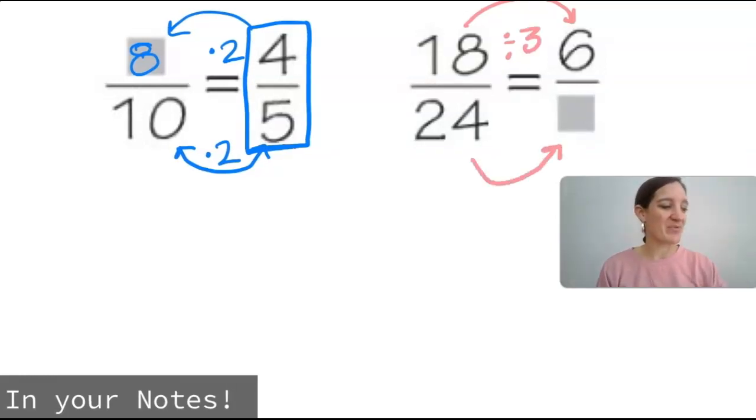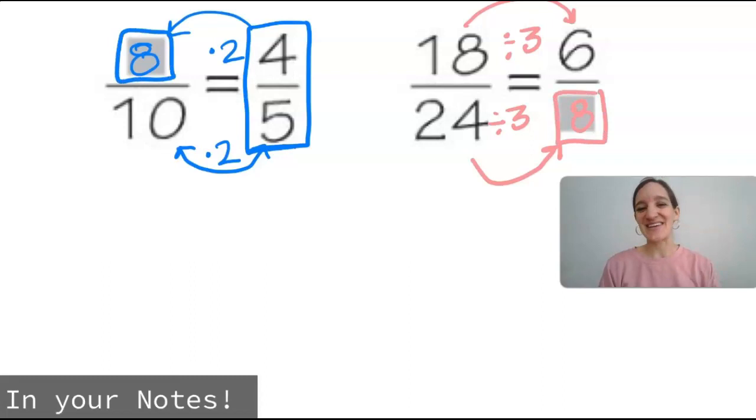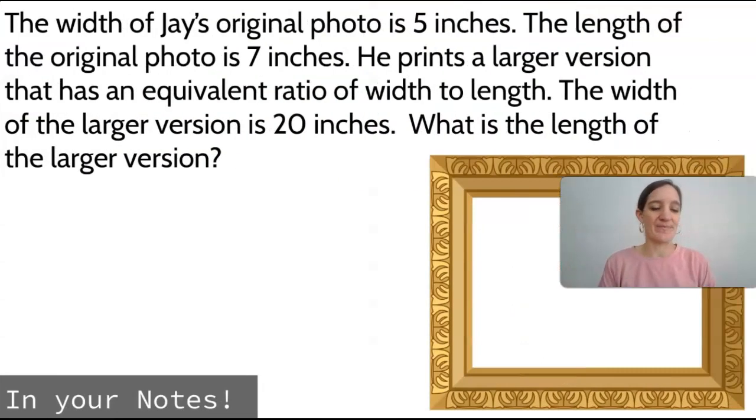So to keep that proportionate, I'm going to also divide my bottom number by 3, and I'm going to get 8. Interesting, both of those have an answer of 8. One I got from multiplying, my ratios were getting bigger. The second one, my ratio was getting smaller, so I needed to divide and get it smaller.